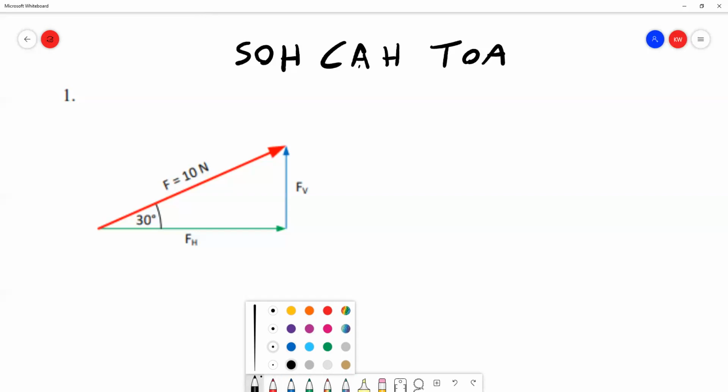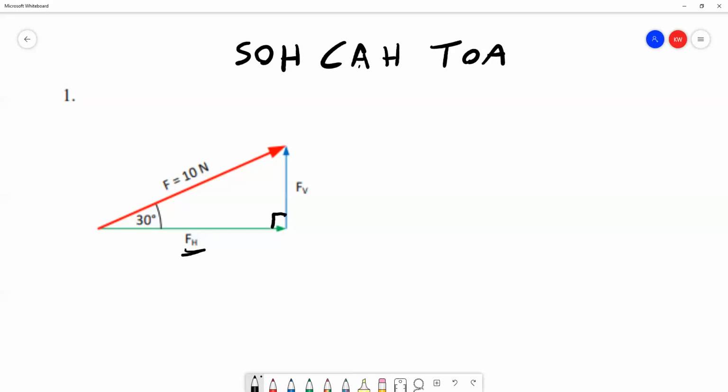So let's start off by considering how we're going to get FH here. If we look at our triangle, in any right-angled triangle, the right angle is opposite the hypotenuse. When the horizontal line meets the vertical line, that is our right angle, which means this red line, which is also our vector, is the hypotenuse.